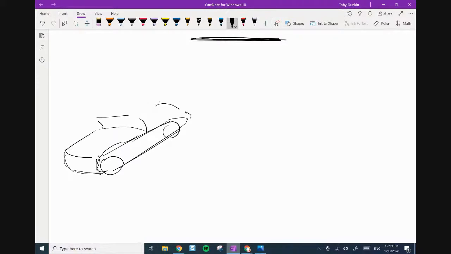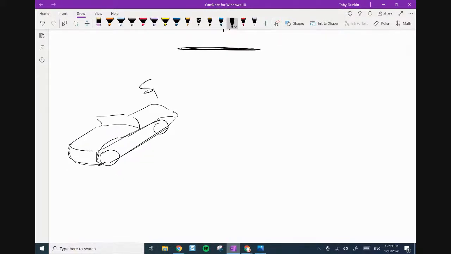There we go. So this is sports car. I don't like the fact that was rubbish. I don't like that. I feel like I want to fix it and do a better job of the picture, but whatever.